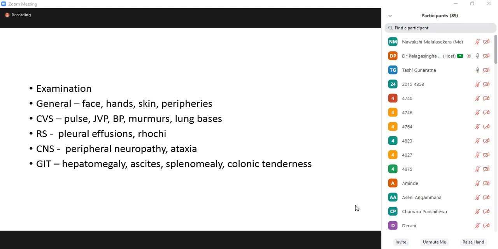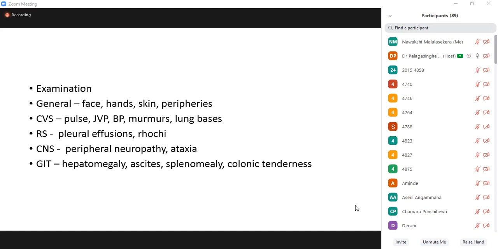Features of chronic malnutrition. So what are those? Angular stomatitis, cheilosis, glossitis for vitamin deficiency, peripheral stigmata of vitamin deficiencies. Good. Yes, peripheral stigmata of any vitamin deficiency.